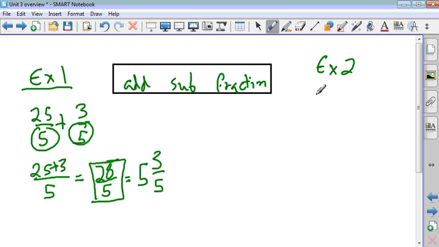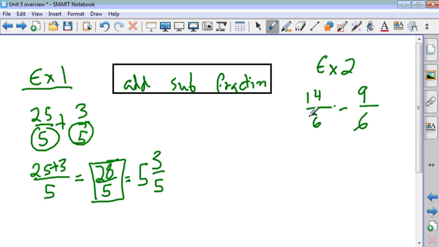Here's your last example. Your last example is going to look like this. I'm going to put 6 right here, subtract 6, and on top, I'm going to have the numbers 14 and 9.